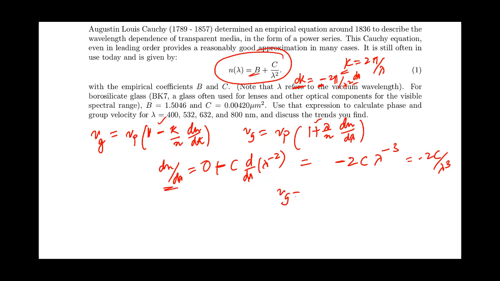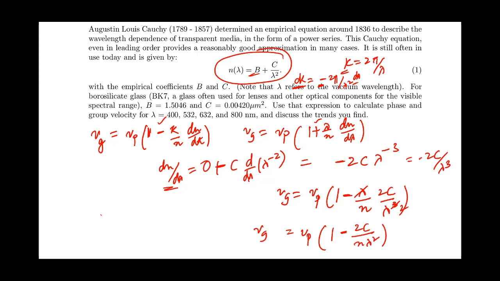So group velocity here would be phase velocity times 1 minus lambda by n, 2c by lambda cube, or lambda and lambda cancel out here and you get a lambda square, right? So that would be phase velocity times 1 minus 2c by n lambda square.